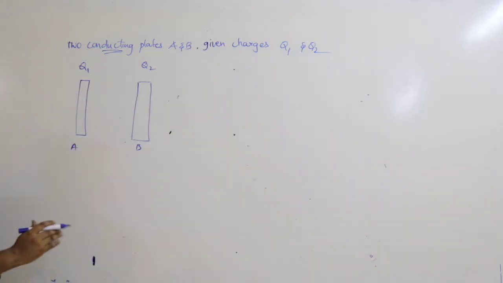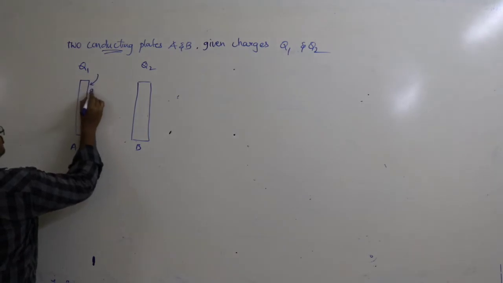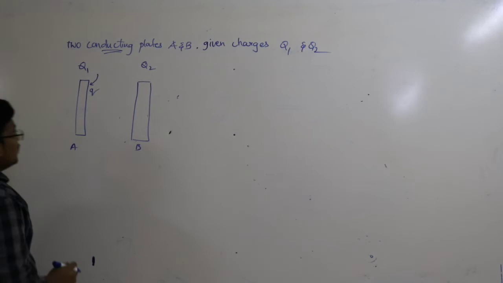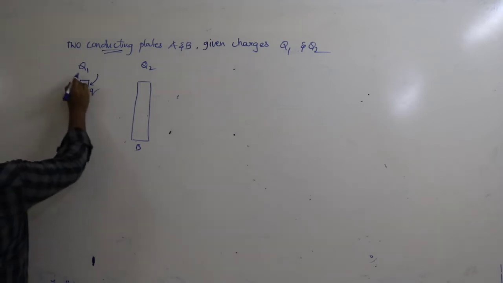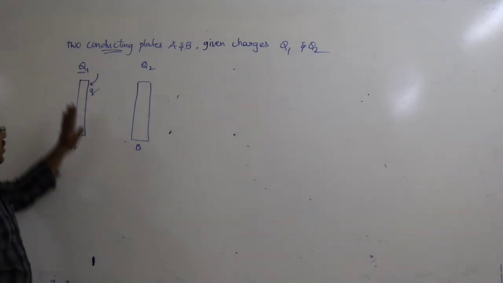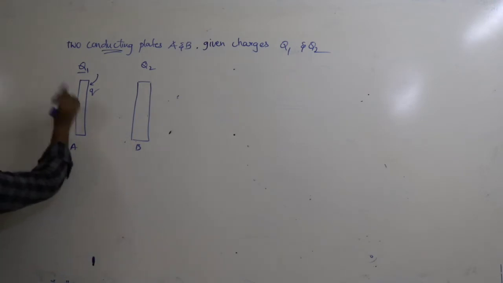Now, what I am thinking is, okay, anyhow we have given charge Q1. Now, I will take on this surface a charge q, if q charge is accumulated. So, on this surface the charge is q. Now, our total charge is Q1, and what is the charge on this surface? Say it is x.